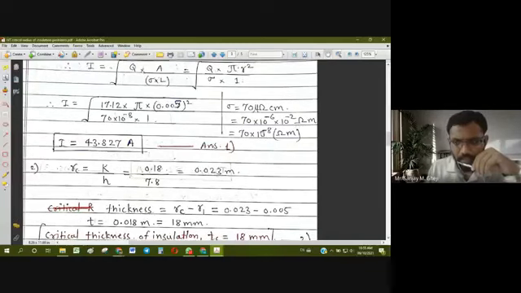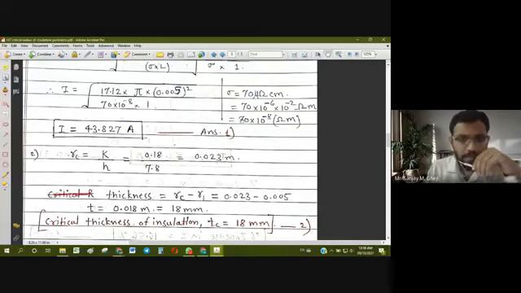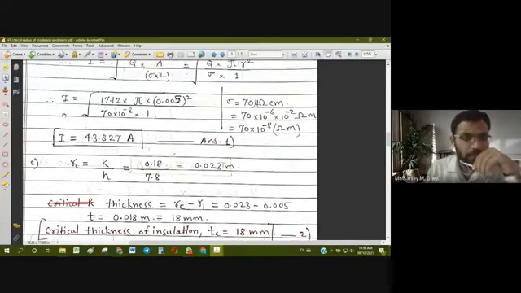So finally you get 7 into 10 raised to minus 8 ohm into meter. Now put this value in SI units in this form.